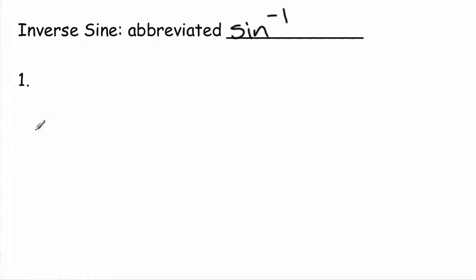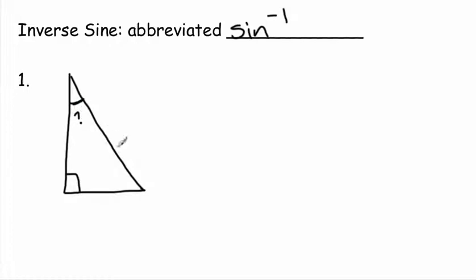Alright, so inverse sine. Let's do the same triangle we did before, the same one we've been doing all day. We want to know this angle. We know that this is 3 and this is 6. If this is our reference angle, and we label opposite, hypotenuse, and adjacent, we can see that we have opposite and hypotenuse.